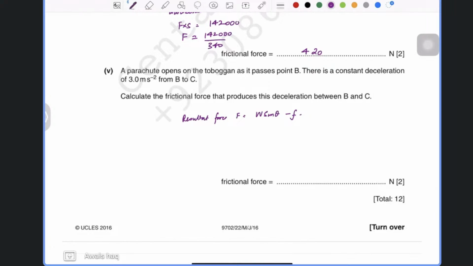Okay, so weight will be 95 times 9.81 times sine of 20 minus the friction force equals ma, because this whole thing is the resultant force. So instead of ma we can write 95 times the acceleration, which is given as 3.